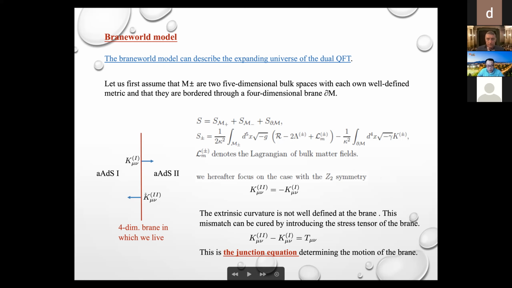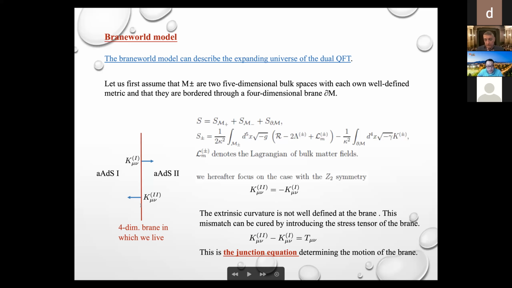Because of the opposite direction of the normal vector, the extrinsic curvature of both sides has an additional minus sign. So this implies that at the brane, the extrinsic curvature is not well defined. However, we can explain this mismatch of the extrinsic curvature.